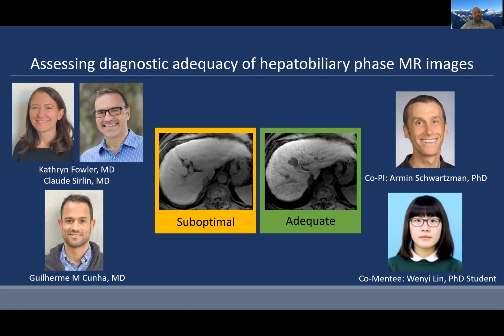I just want to say that this is a highly collaborative effort. I'm working with a team of radiologists over at the Department of Radiology at UC San Diego. I also co-PI'd this project with Dr. Armin Schwartzman, who's a biostatistician professor over at UCSD, and co-mentored one of his biostatistics students, Wen Yilin, who's about to become a PhD candidate.